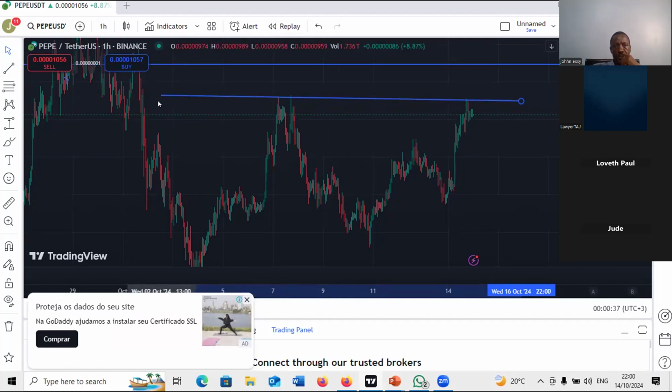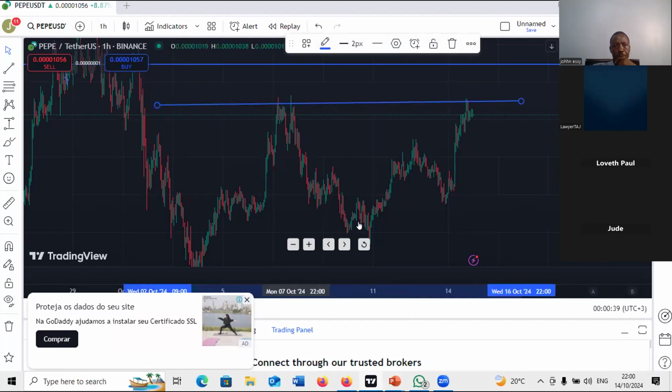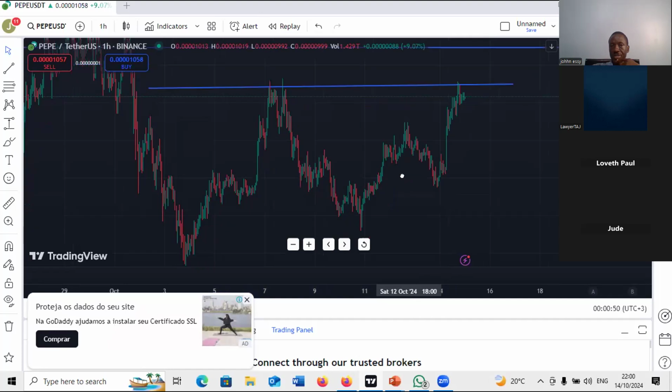Maybe I can have this up to that point, and this is almost flat or flat. So since it is almost flat or flat, then it will give you a different structure.